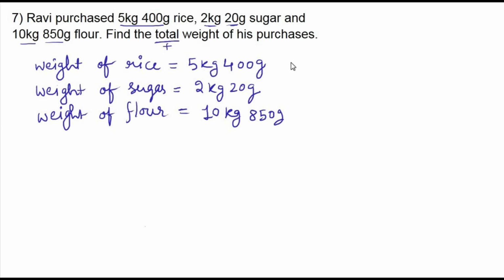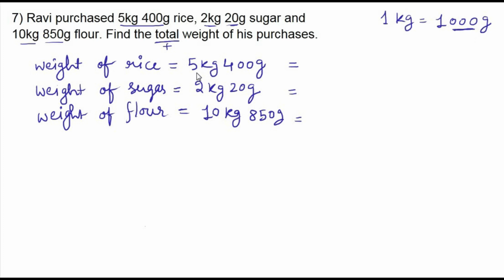So first of all we need to change the numbers into the same unit. So what we need to do here, we know that 1 kg is equal to 1000 gram. How many zeros are here? 3 zeros are here. It means we need to use 3 digits after decimal point to represent this gram into kilogram.